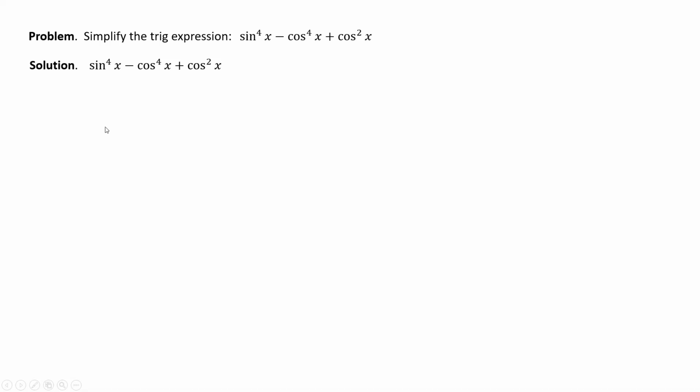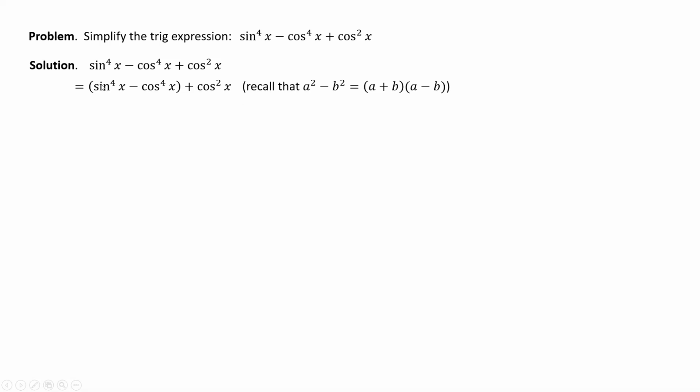One of the algebraic formulas that you will have to recall quite a bit here is, you remember a square minus b square, the difference formula? What is a square minus b square? That's a plus b times a minus b, right? So I'm grouping the first two terms, the sine to the 4x minus cosine to the 4x. Recall that a square minus b square equals a plus b times a minus b.